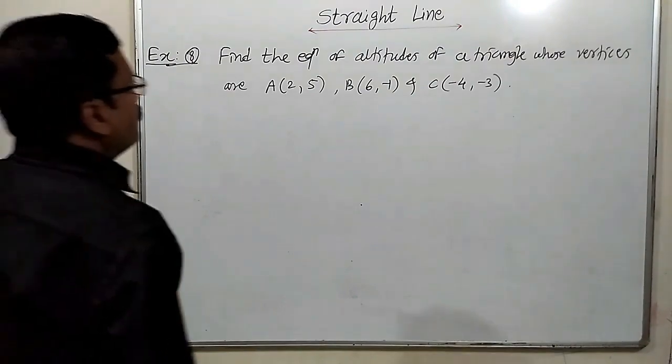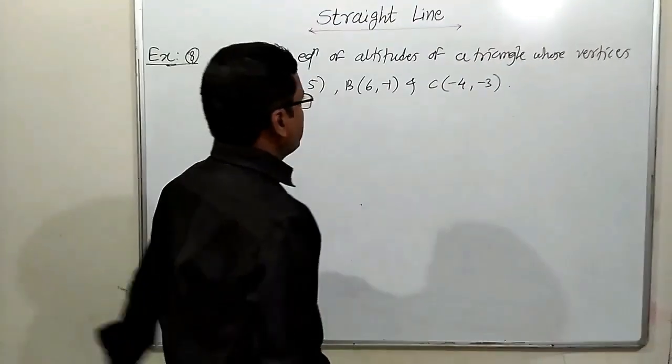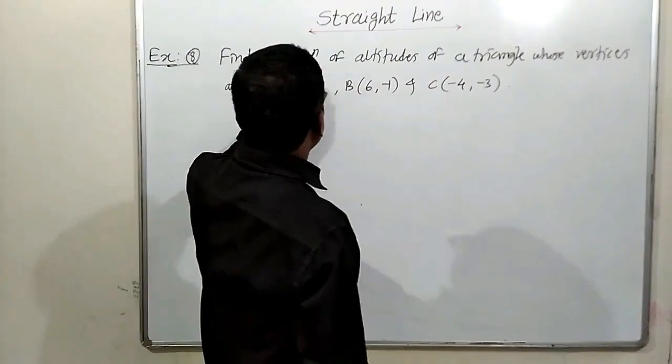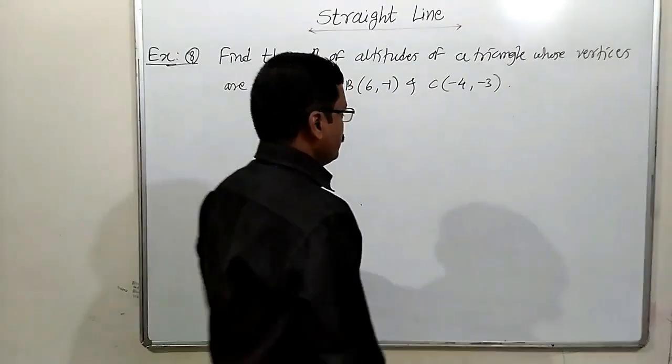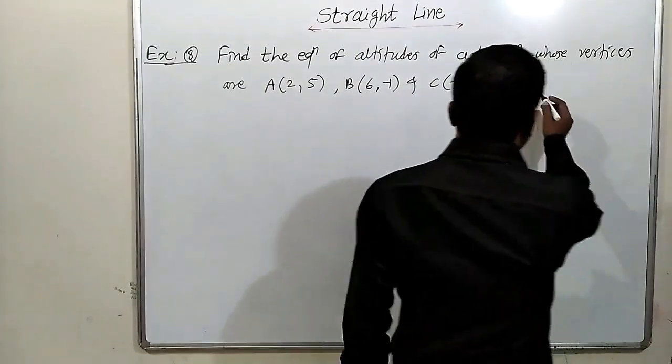In this example, A, B, C are the vertices of a triangle, and we have to find the equations of the altitudes of the triangle. Let us see the figure first.